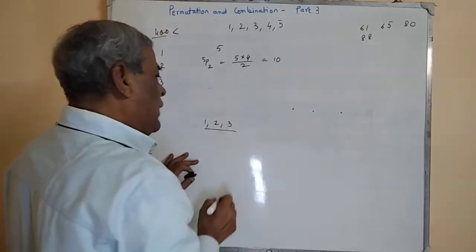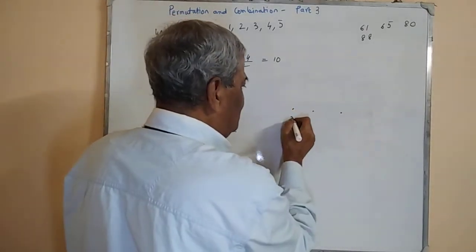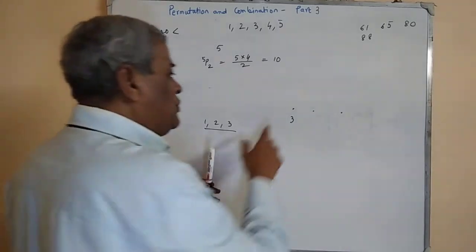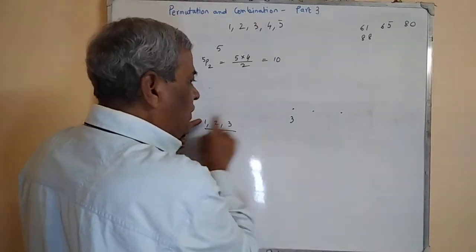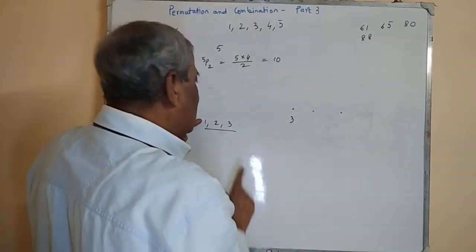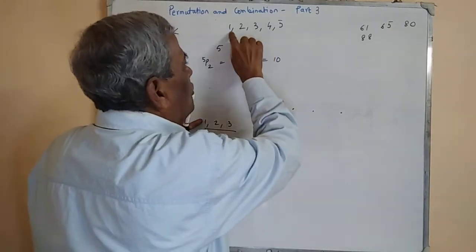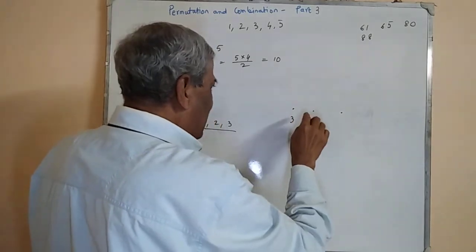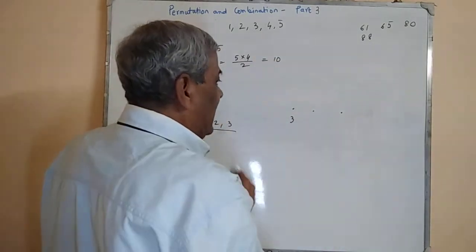So only three ways this can be filled up. After filling the 100 position, one digit is used and four digits are left, and we have to take any two of them from the rest.